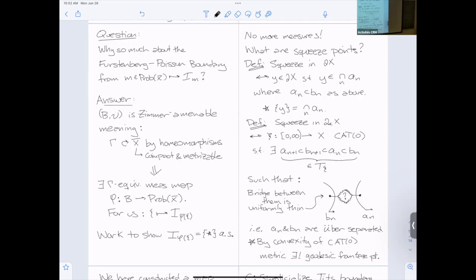The properties are nice enough to tell me that nobody else is around. So then for the visual boundary, what does it mean to be squeezed? It means that the CAT(0) geodesic traverses these half spaces. Because I have these bridges that are very narrow, if I start a CAT(0) geodesic over here, and it goes past all of these half spaces, every time it goes through one of these bridges, it gets sucked in, right?